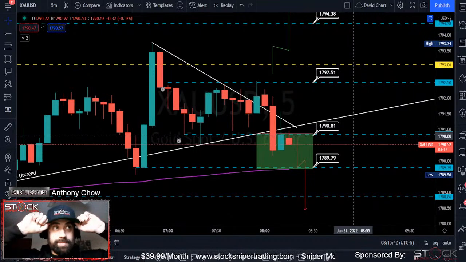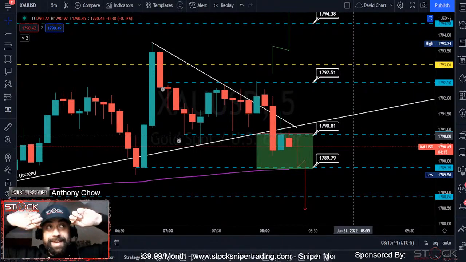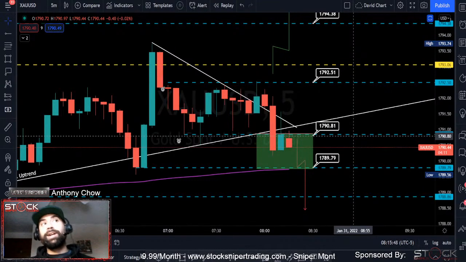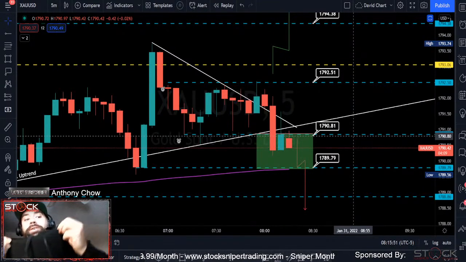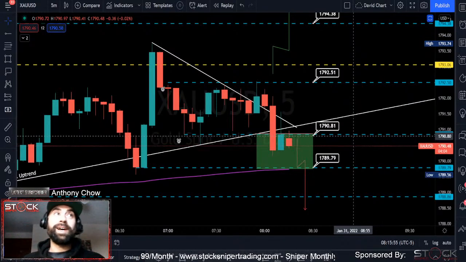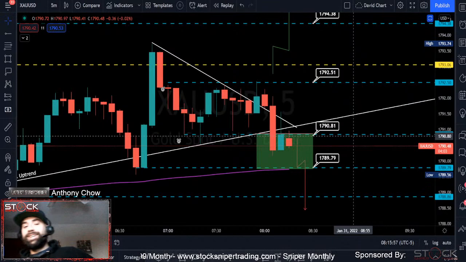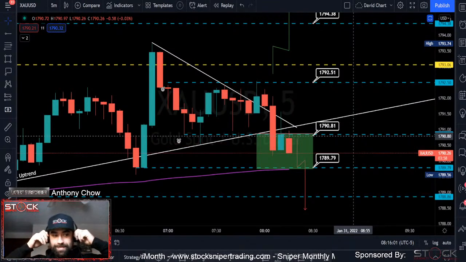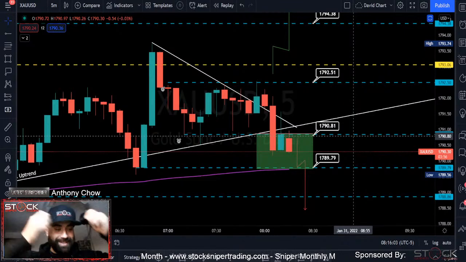What's with the cap? That's my Stock Sniper Trading stitch flat top, guys. You got to represent. I got my own personalized hoodie right here. You guys can't really see it, but if you really want to see what it says on the back, I'll show you.